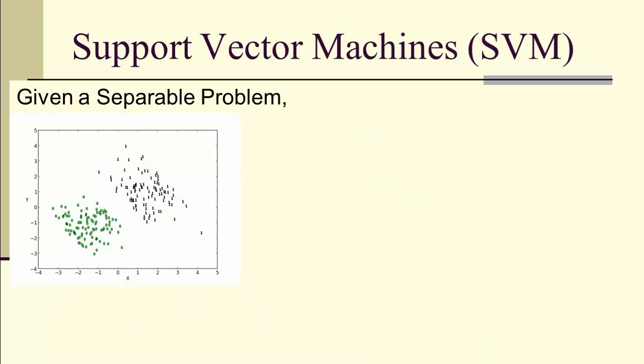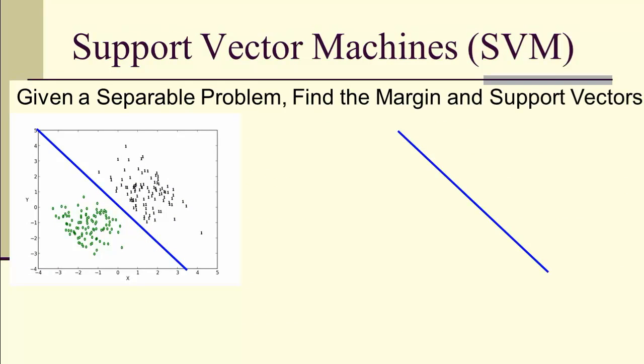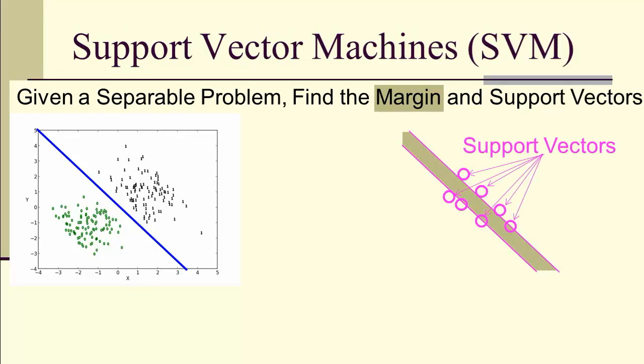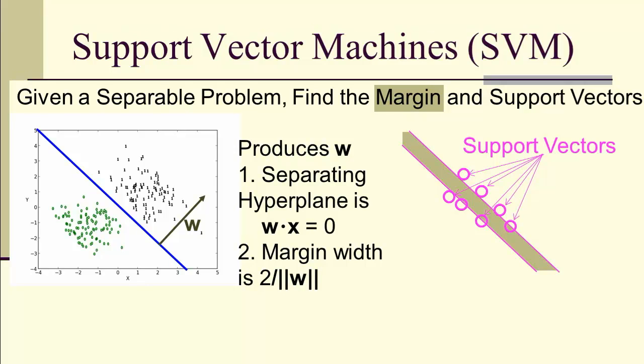So given a separable problem, we can separate it, finding the margin and the support vectors. What we're doing is getting a separating hyperplane, and the margin has a width of 2 over the norm of W, where W is the parameter vector determined by the training data.